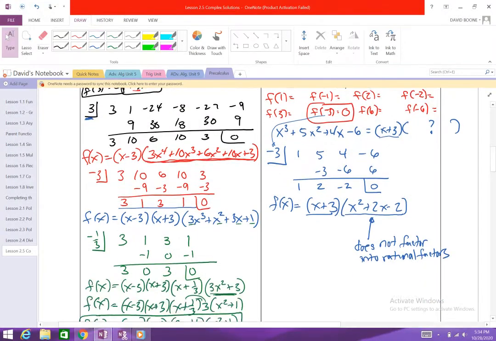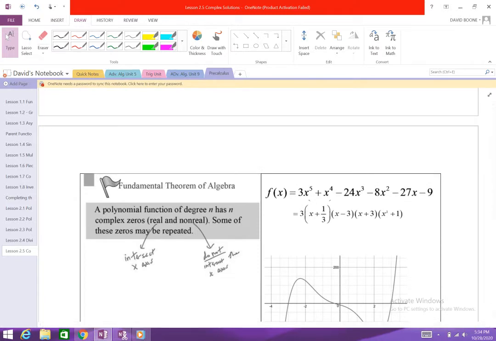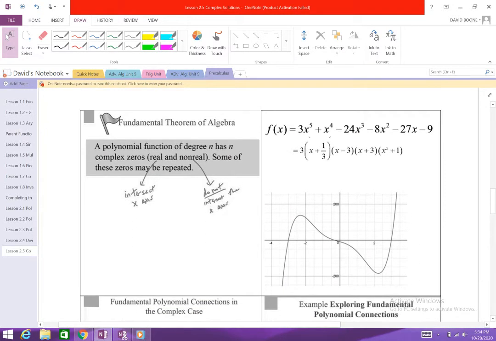So there's the first part of lesson 2.5. Let's look at the next part. It's called the fundamental theorem of algebra. The fundamental theorem of algebra says that a polynomial function of degree n has n complex zeros, meaning real and non-real.